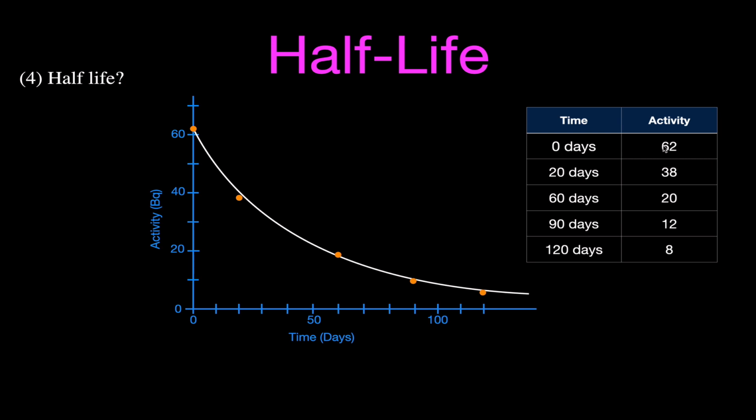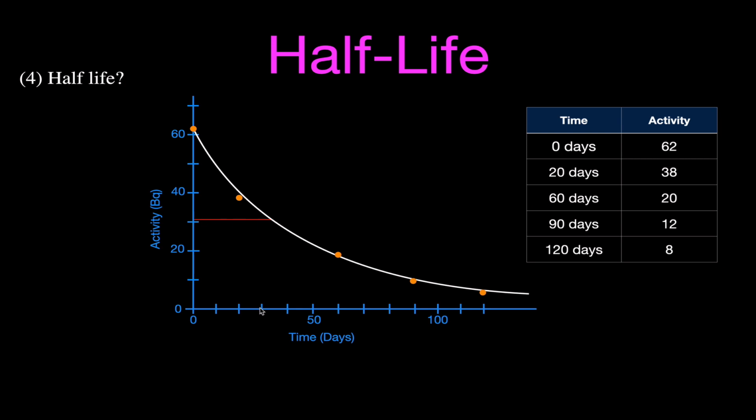the half-life. Well, we had originally had an activity of 62. After one half-life, then the activity is going to be reduced by 1/2 because the number of radioactive nuclei remaining is reduced by 1/2. So we go from 62 down to 31. So we're going to draw a line across to our graph. Our curve from 31, you can see we have 20, 31, we're approximating.